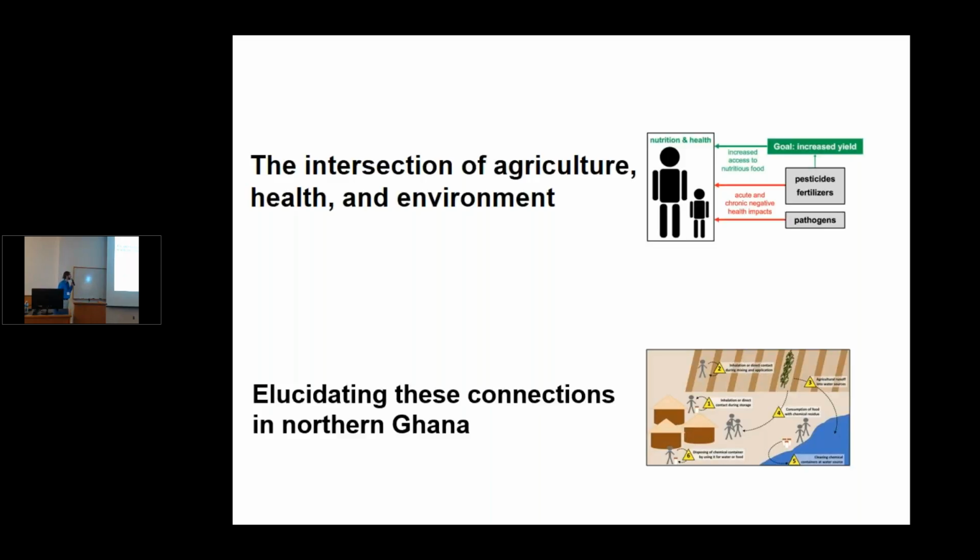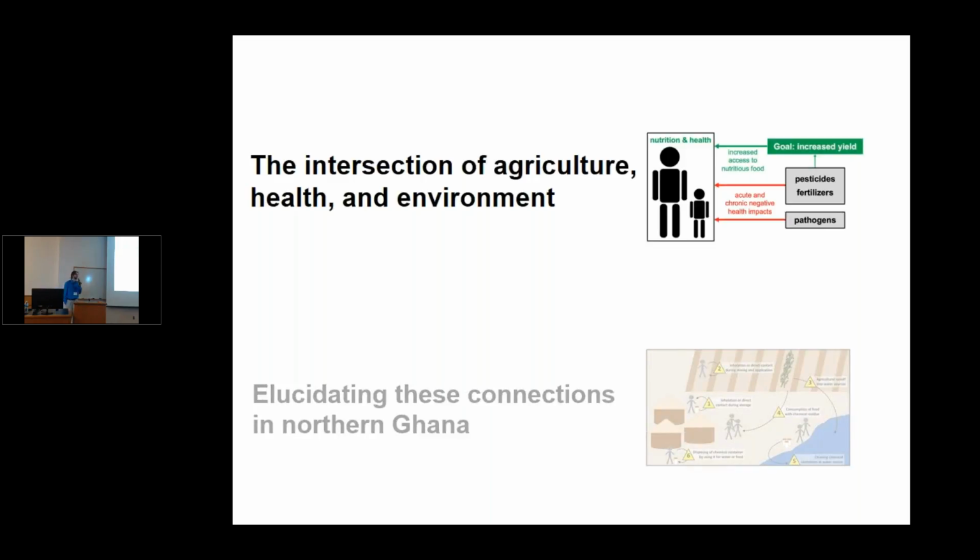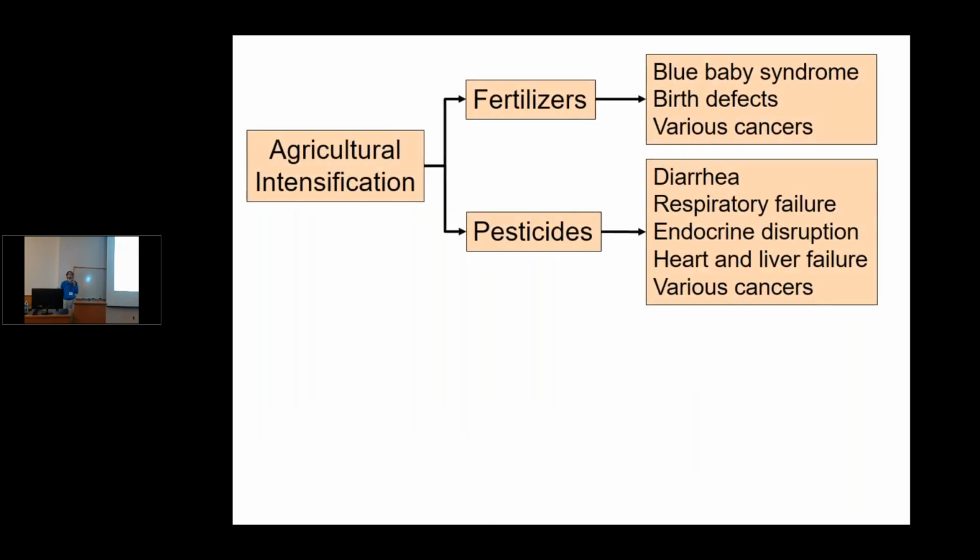So beginning with this broad overview, agricultural intensification, of course, has a number of different pieces to it. One of those pieces typically involves increased use of fertilizers and pesticides. On the one hand, this can be very beneficial for smallholder farmers. These things can improve yields, and potentially improve health and nutritional security.